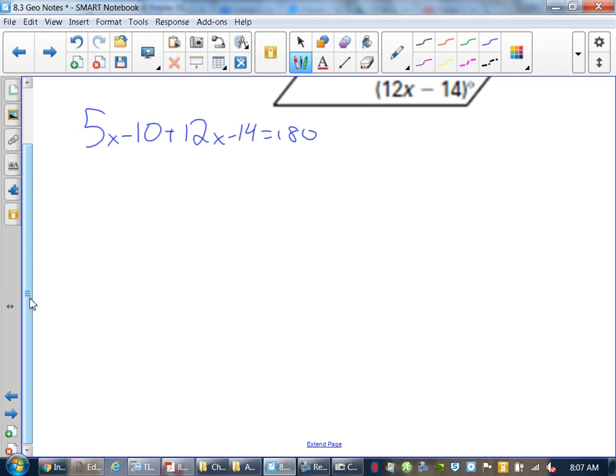When you have all of this stuff on one side of an equal sign, you're just combining like terms, which means you do 12 plus 5, and then negative 10 minus 14. X equals 4. Hold on. What I was seeing a lot of was people were trying to add 10 to the negative 14. It's not on the other side.